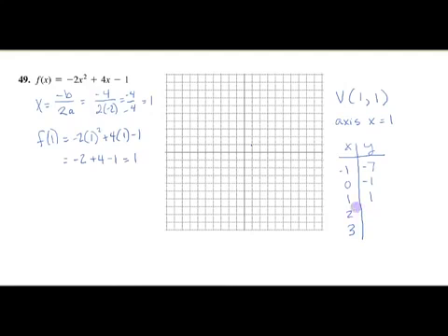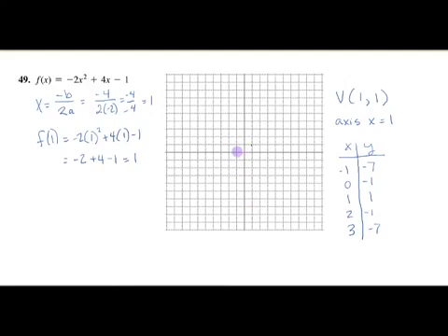On 2, 2 squared is 4 times negative 2 is negative 8 plus 8 is 0 minus 1 is negative 1, as we kind of expect because of the symmetry here. And 3 squared is 9 times negative 2 is negative 18 plus 12 is negative 6 minus 1 is negative 7, again following through the symmetry.